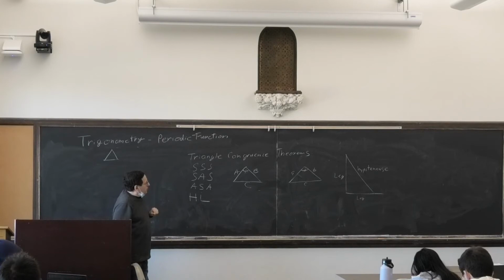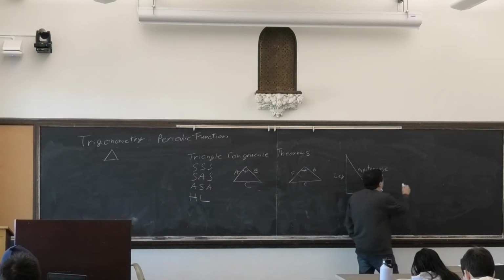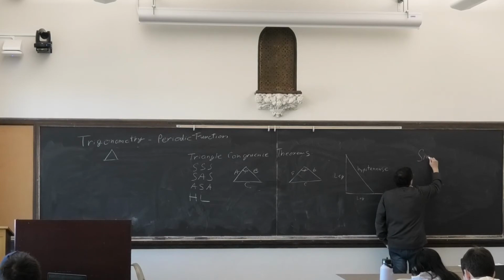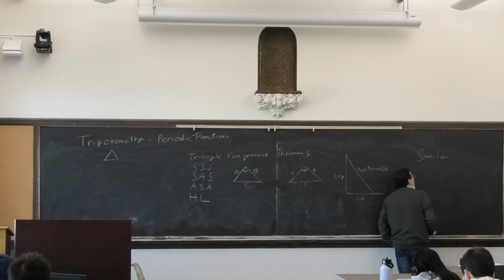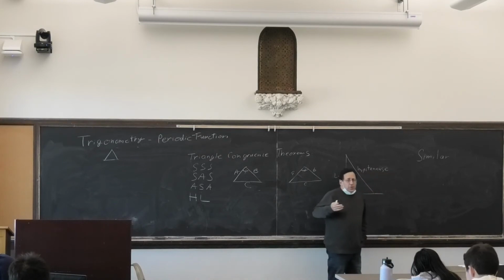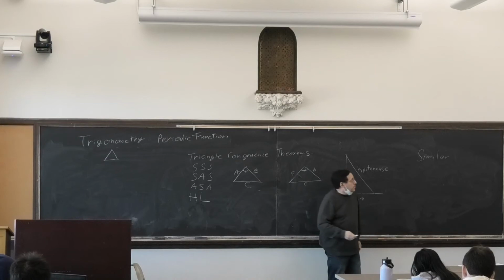All right, now there's one more theorem from geometry that we want to look at, which has not to do with congruent triangles, but similar triangles. Similar objects are objects with the same shape.